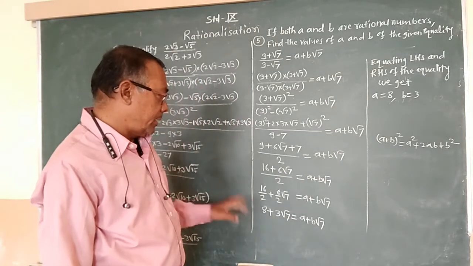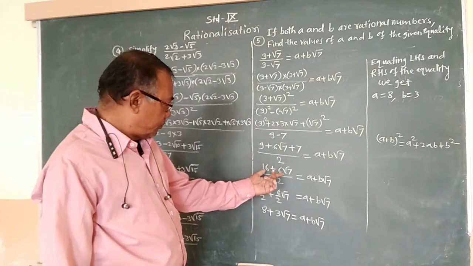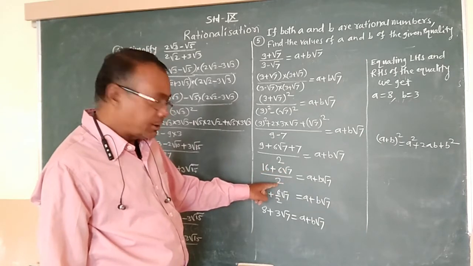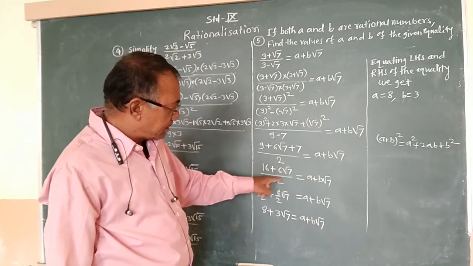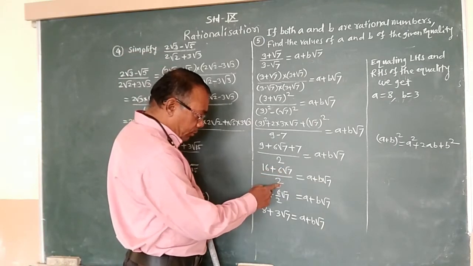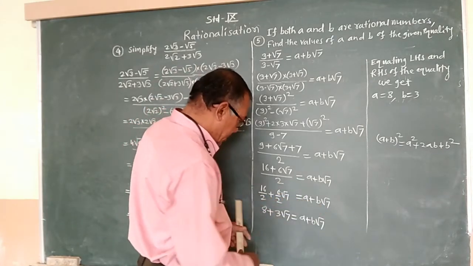And in this way, now I have to divide both, means 16 plus 6 root 7 divided by 2, means 2 divides 16 as well as 2 divides 6 root 7. So 16 upon 2 plus 6 upon 2 root 7, that is equal to a plus b root 7.